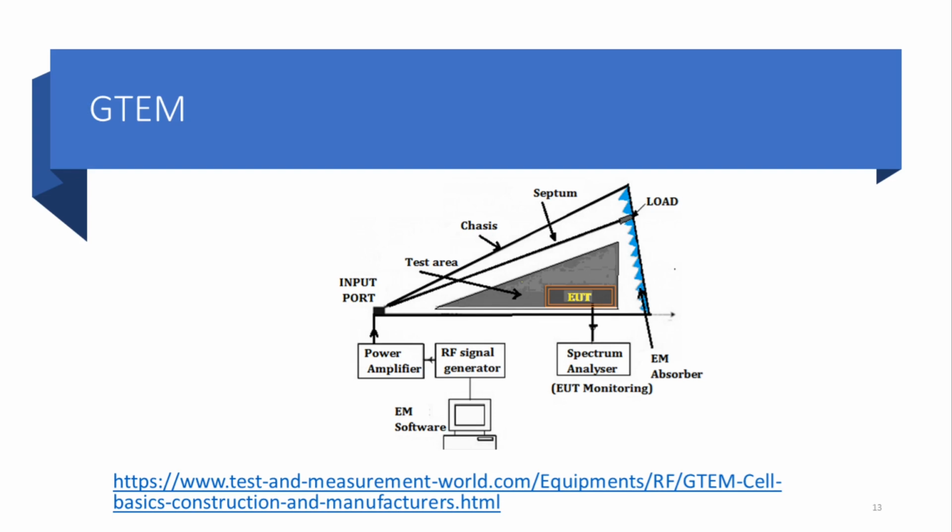The EUT is connected to the LISN, which is connected to the power supply. So the RF port of a LISN is terminated with 50 ohm. Alright, here the LISN is not shown, but it has to be understood.